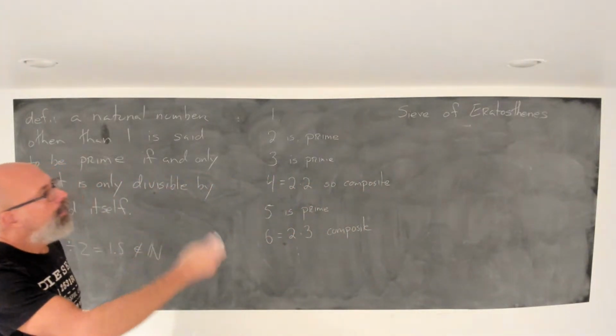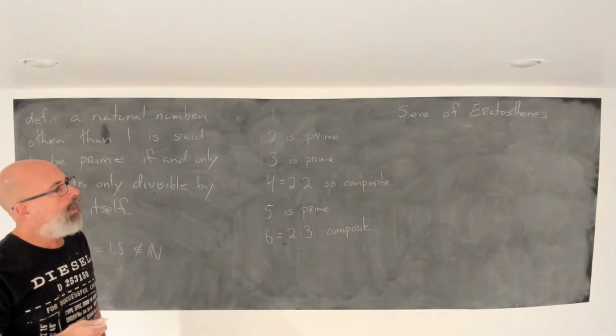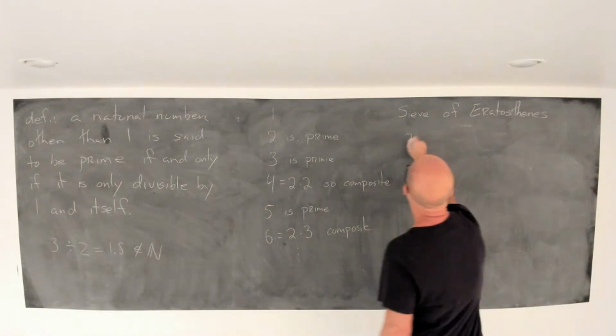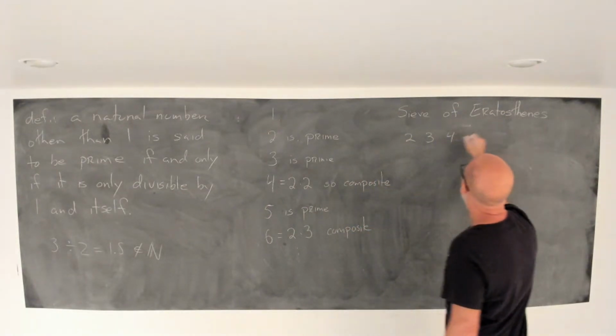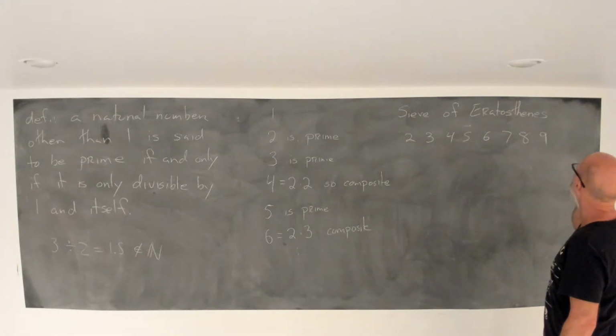Here, you list all the natural numbers. So let's do that. 2, 3, 4, 5, 6, 7, 8, 9.